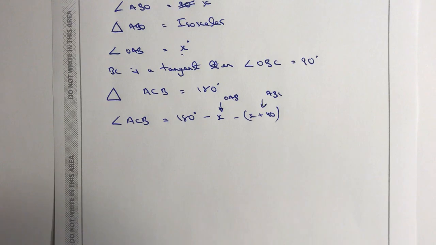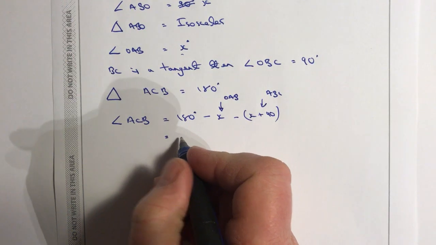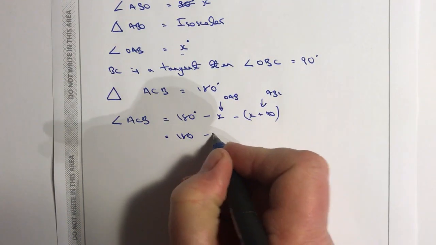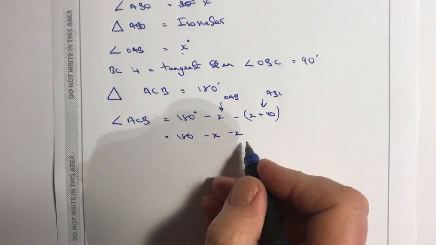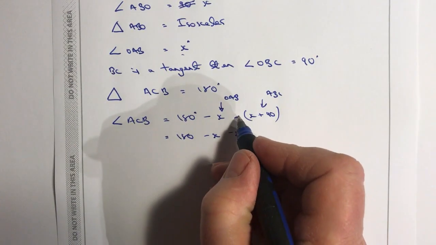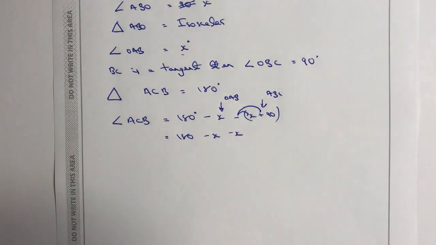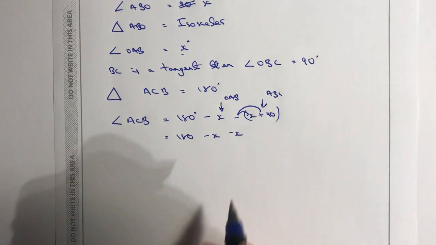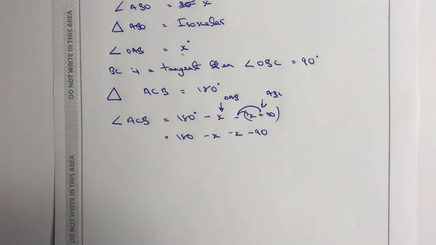So we now have the ability to work out the value of ACB by taking away those two angles. What we end up with is 180 degrees minus x, and then don't forget I've got minus x, and then I've also got minus 90. Be very careful when you move brackets, about the minus sign that's in front of it, so it's minus 90.